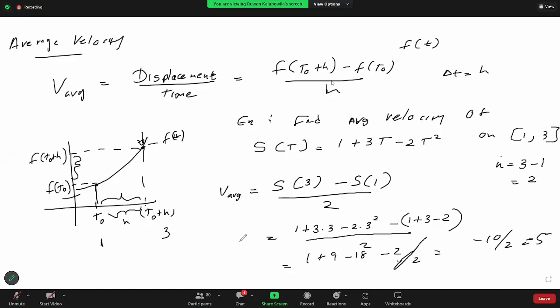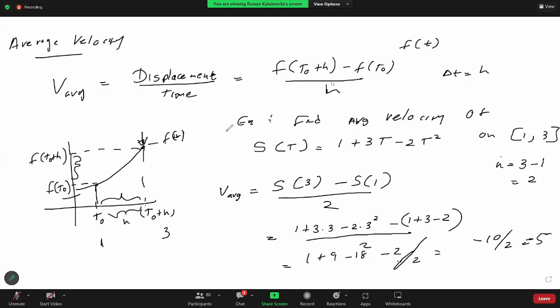Anyhow, you can feel that this is average velocity because you find it between two different points. There is a considerable distance between the two points. Right. So you find the average velocity. Right. So this is your well-known one.